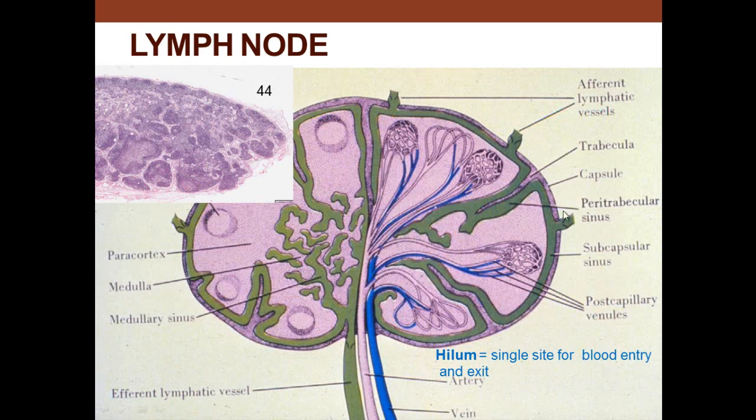We have a capsule around the lymph node. Just inside the capsule, we have the subcapsular sinus. This is a little sinus that goes all the way around the node.